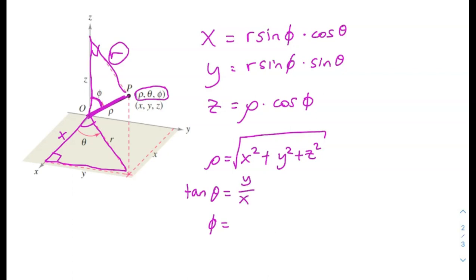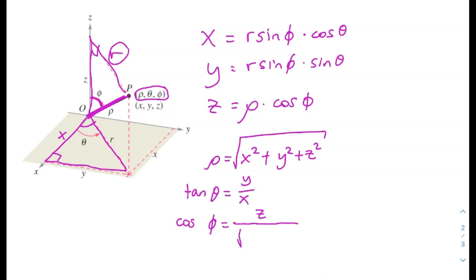Finally, phi is a little bit more tricky, and there's actually a variety of ways to find it. We can use any of the SOHCAHTOA. Let's say cosine phi. Cosine is adjacent over hypotenuse, so the adjacent side of phi is z, and the hypotenuse is rho.